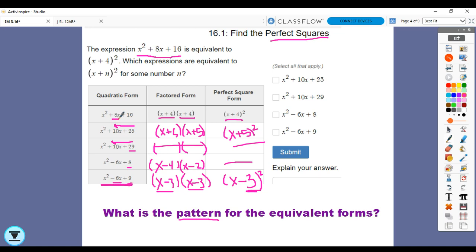Half of 8 is 4. 4 squared is 16. Half of 10, 5. 5 squared, 25.